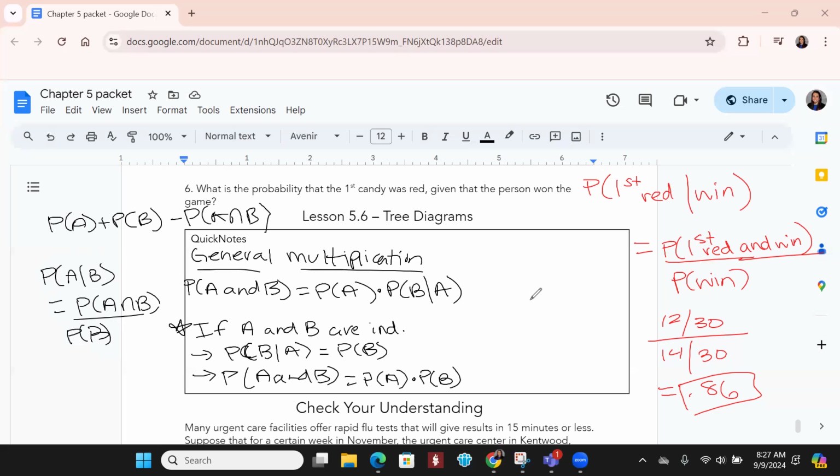The other thing that we went over today was the tree diagram. When you draw tree diagrams, you want to make sure that you have the probability of A and the probability of A naught.